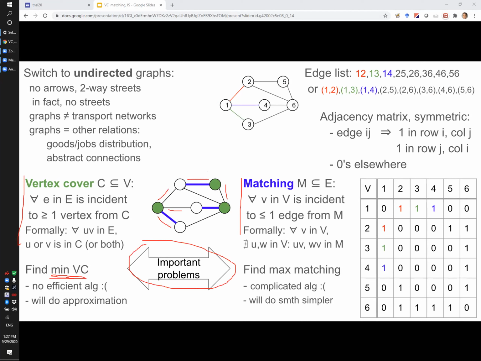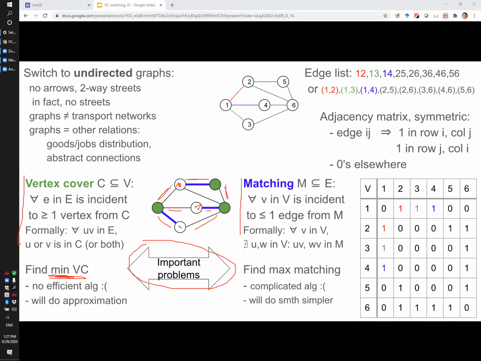Of course, one possibility is to install a camera at every single vertex, but that would be too many cameras. What you want to do often is to minimize the number of vertices in the cover, to use fewest resources in order to cover all the demand. So the demand here are the edges of the graph, and the resources are the vertices, and you want to use fewest resources to serve the demand.